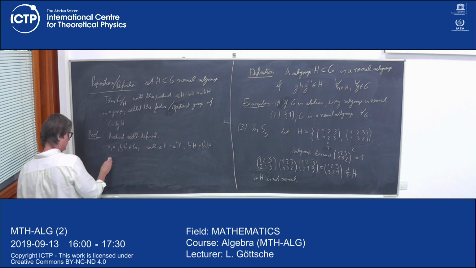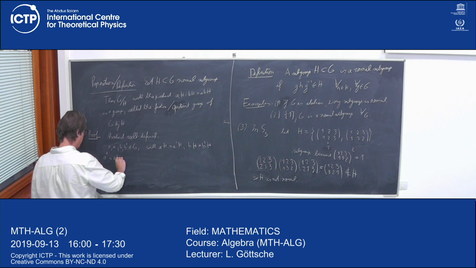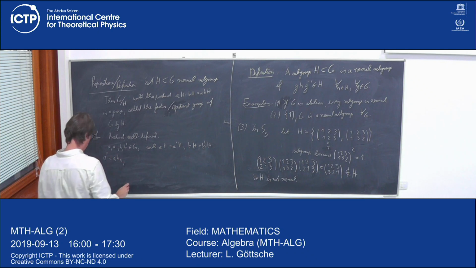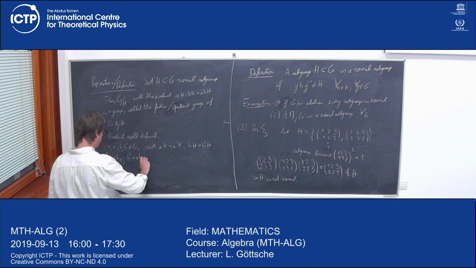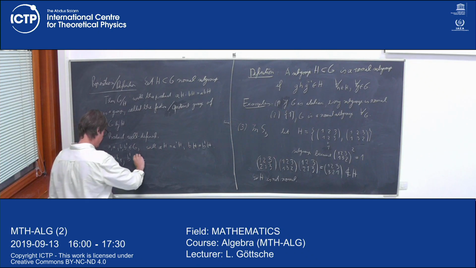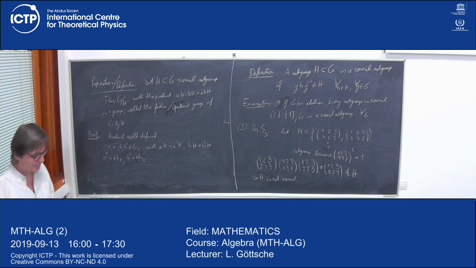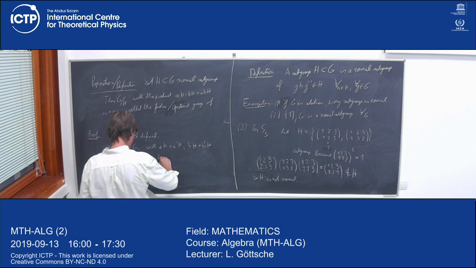That means we can say a' is equal to a times h1, and b' is equal to b times h2. Yes, b times h2. Again, a nice misprint. Where these are elements in H.